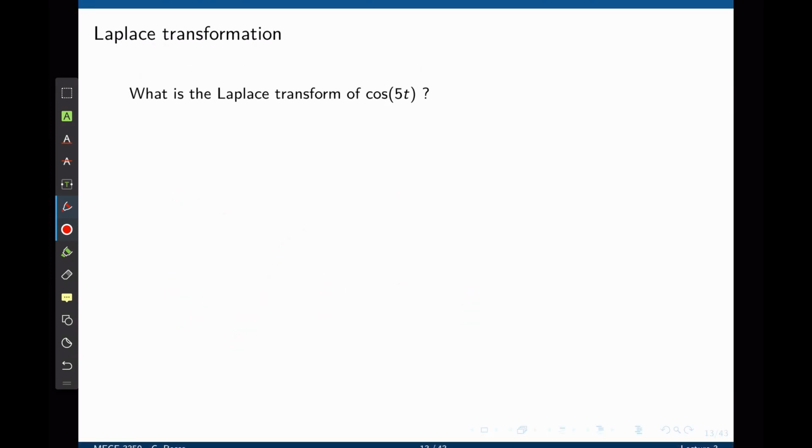Now let's find the Laplace transform of cosine of 5t, but this time let's use the graphic representation. Looking at the function we're taking the Laplace transform of, this is purely a sinusoidal waveform. This means that sigma is 0. We know the frequency of this sinusoidal waveform, that is 5 radians per second.